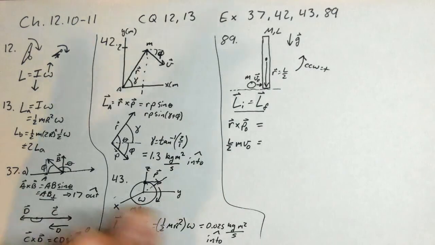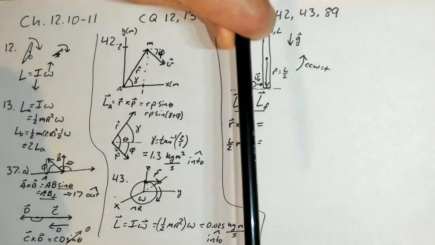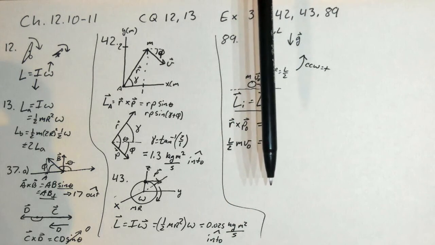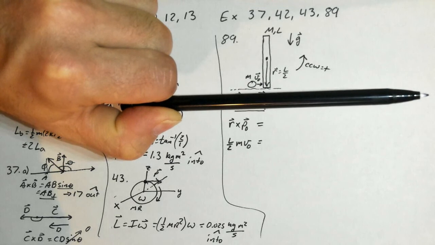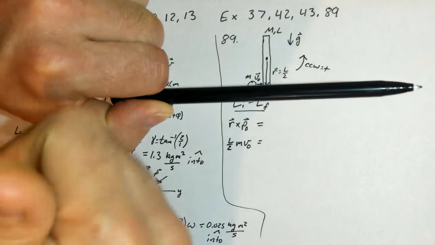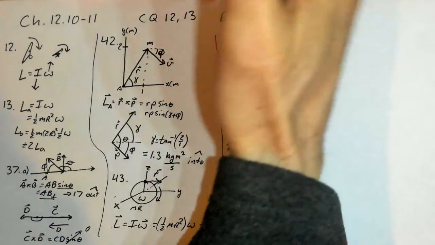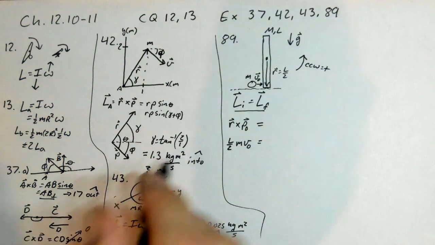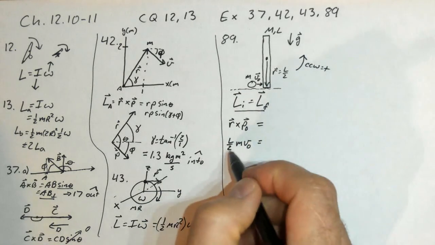If I were to point my first finger down, my next finger will point in that direction for the momentum, which would mean my thumb would point upwards. That's the same thing as counterclockwise, thumb pointing out of the page. Right now all I need to do is get positives or negatives, so I'm going to define counterclockwise to be positive.